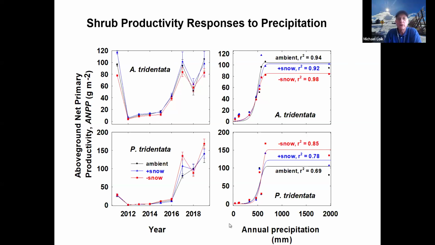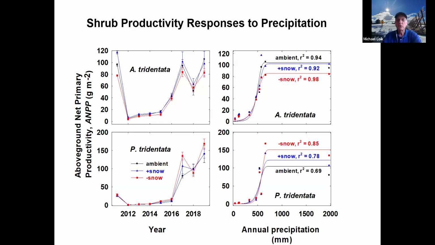And we see that up to annual precipitation of about 500 millimeters, we don't see a whole lot of productivity for either species. But after 500 millimeters, we see a fairly abrupt response for both species that seems to saturate, although, of course, you may have already noticed that most of that saturation is based on the numbers in 2017 and 2018, which drive that whole saturation part of the curve.